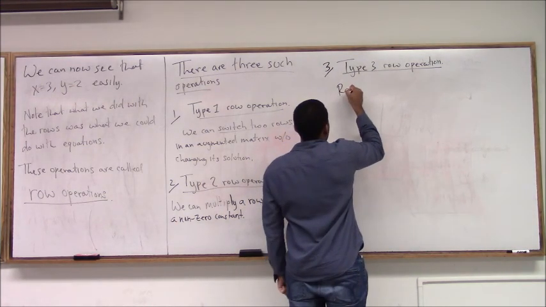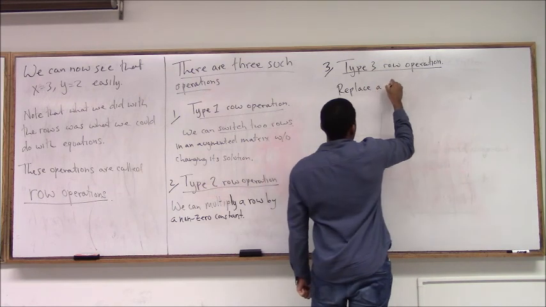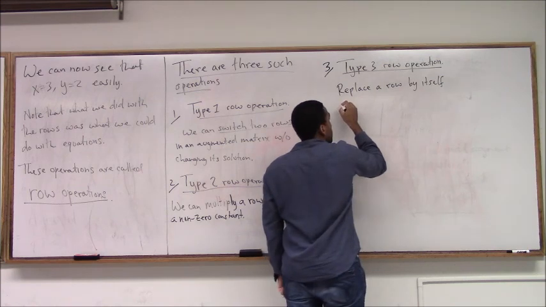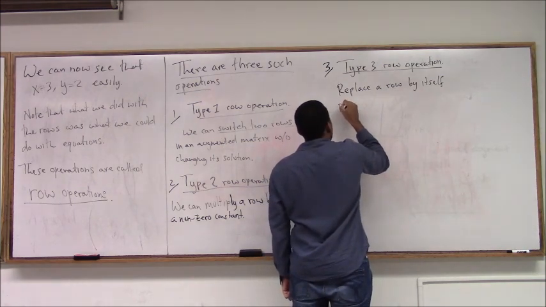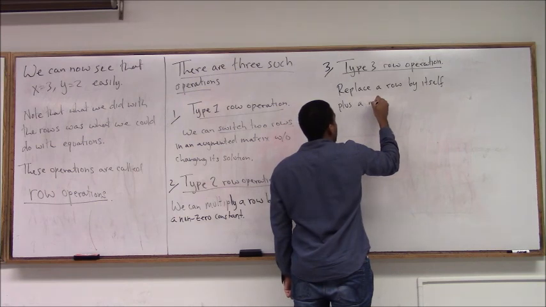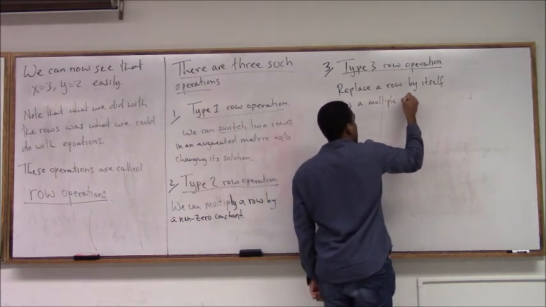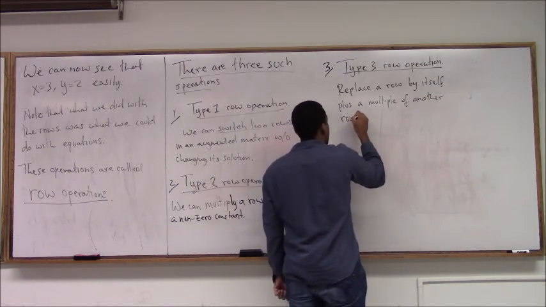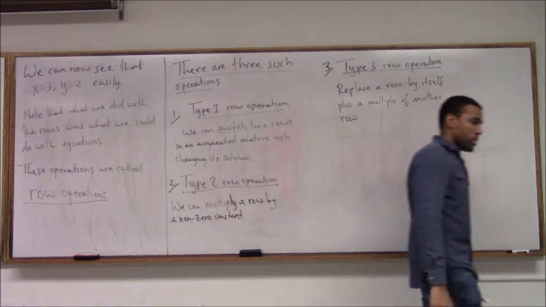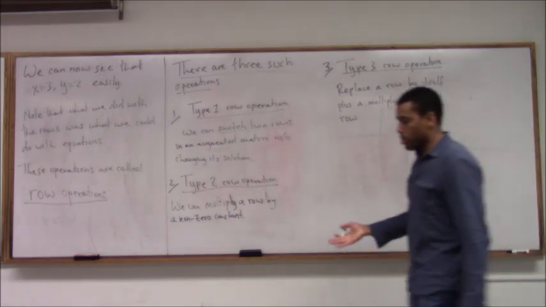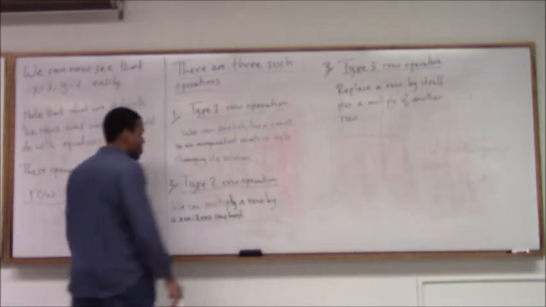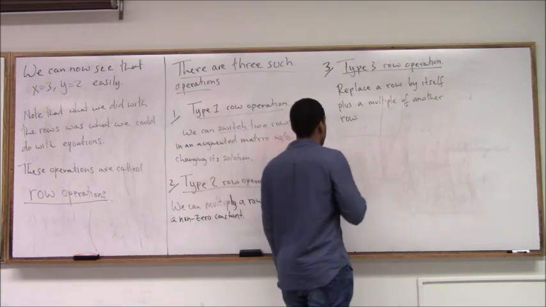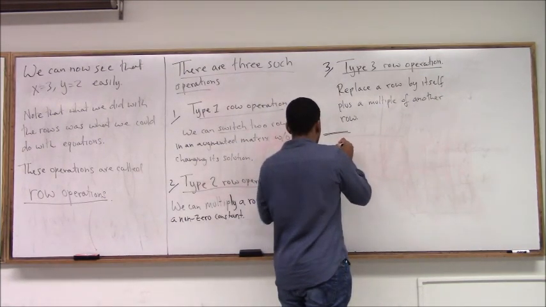This is replace one row by itself plus a multiple of another. This is called a type 3 row operation. So this allows us to multiply another row by a number and add it to the previous row, and then use that to replace the row.